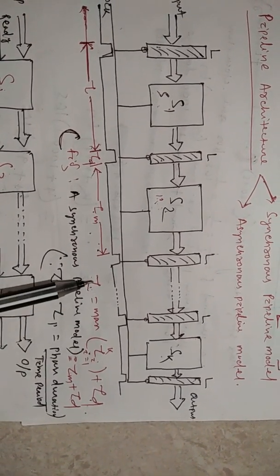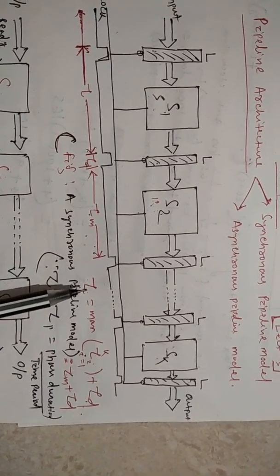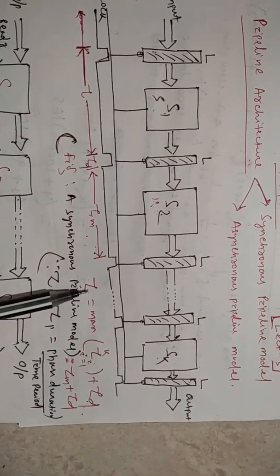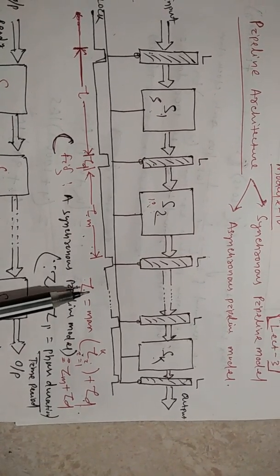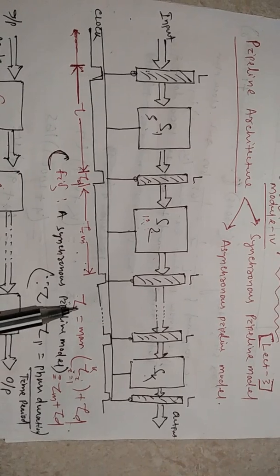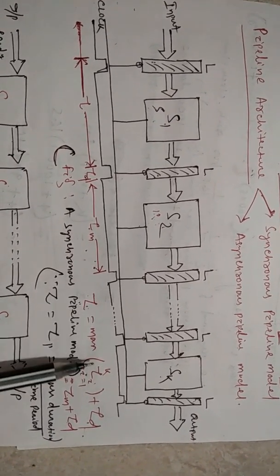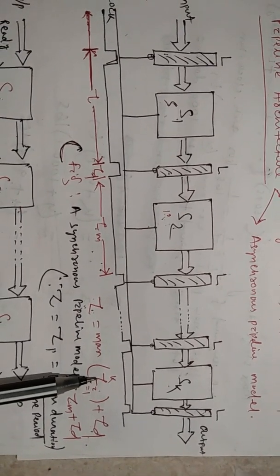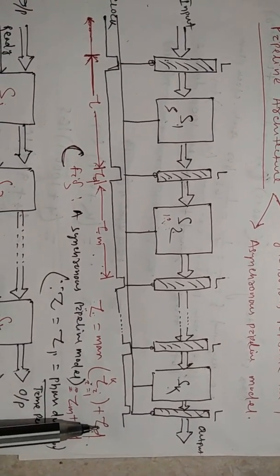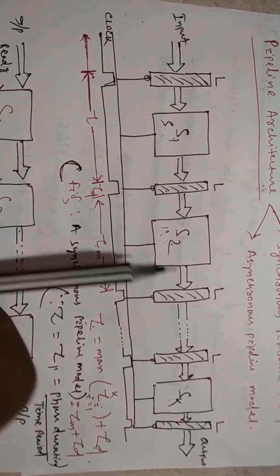So tau is also called tau p, or you can call it tau t. This is called the total phase duration, or total time period, to execute an instruction. So tau is equal to the maximum phase duration plus latch delay. So this is all about your synchronous pipeline model.